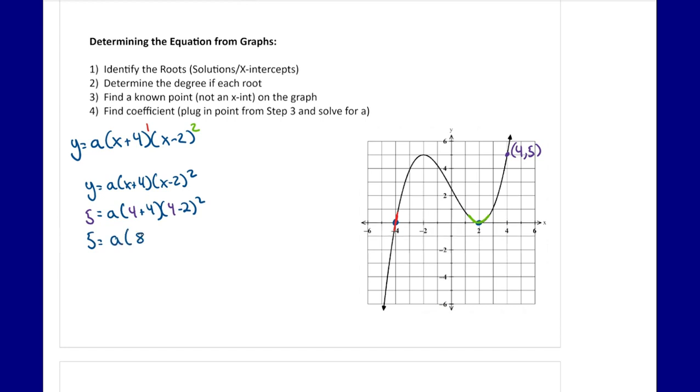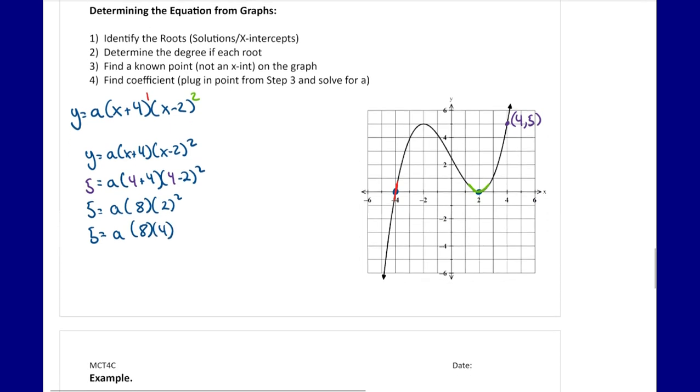So 4 plus 4 is 8. 4 minus 2 is 2, and then that squared. 5 equals a times 8 times 4. 5 equals a times 32. Divide both sides by 32. I get 5 over 32 is a. So this tells me then what my coefficient is.